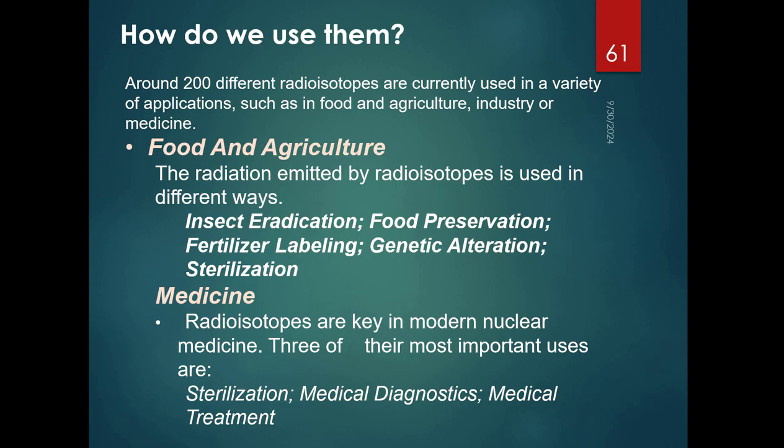How do we use it in medicine? Radioisotopes are key in modern nuclear medicine. There are some really important uses like sterilization, medical diagnostics, and medical treatment. Like somebody has cancer and they have to do radiation. They figure out what kind of element is the best for that kind of radiation, and then they will do it accordingly.